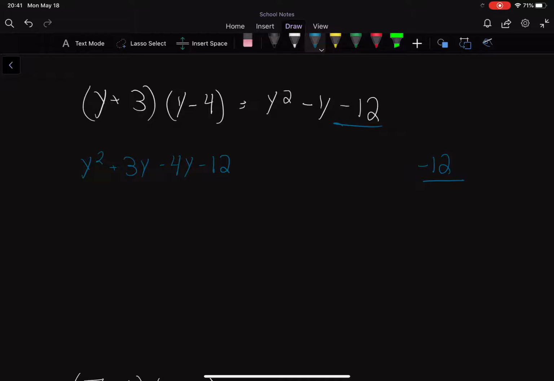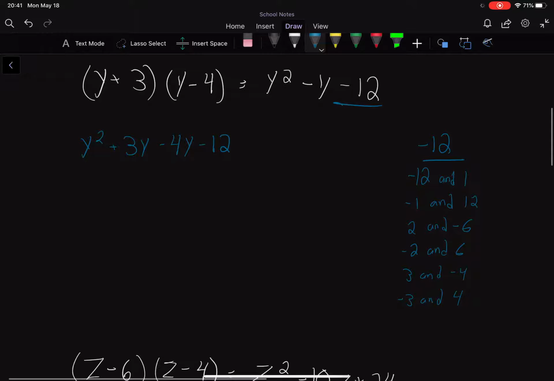Well, we have negative 12 and 1, negative 1 and 12, 2 and negative 6, negative 2 and positive 6, 3 and negative 4, negative 3 and positive 4. So handful of factors going on here. Now we have 6 different factors that we can choose from here.